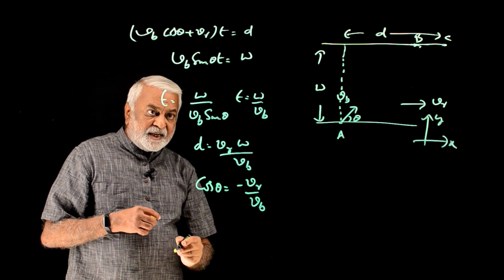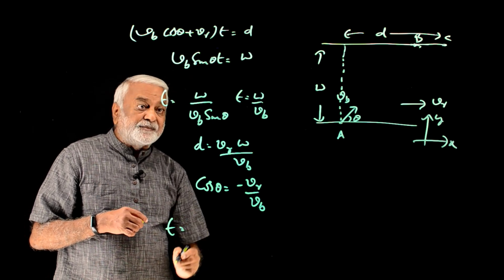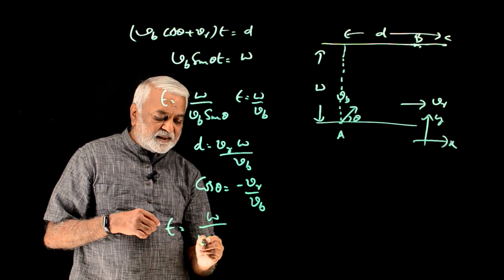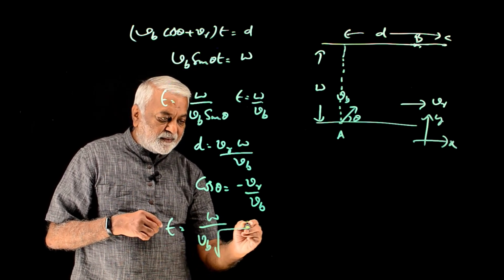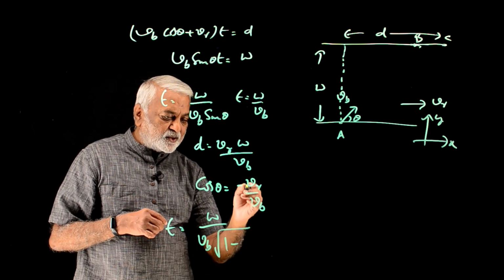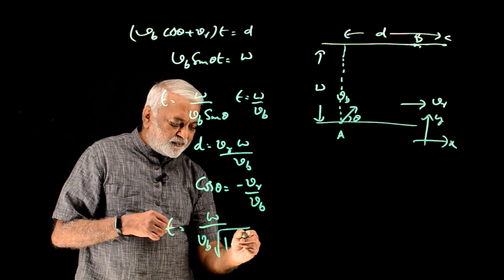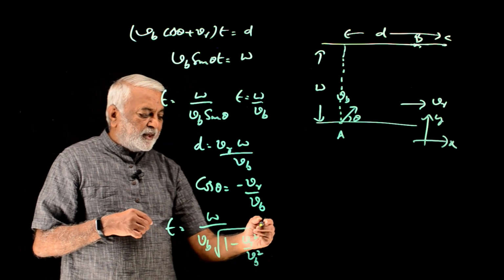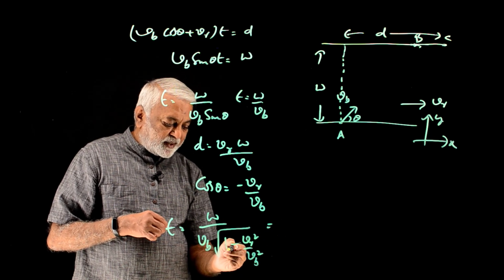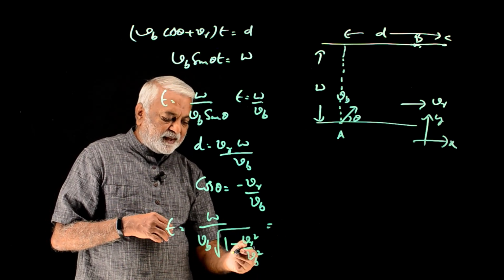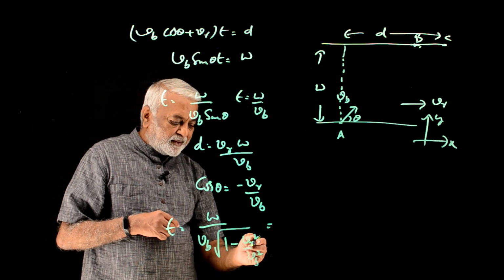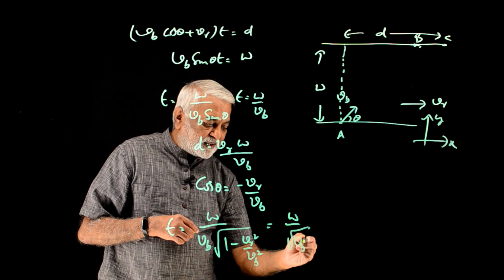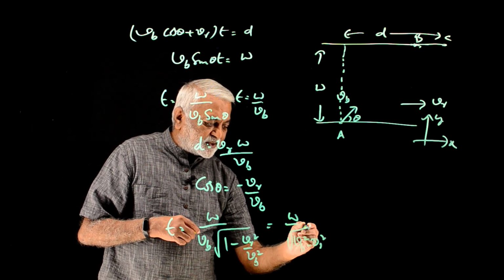Now, the time taken to cross here, t equals w by Vb sin theta, sin theta being root of 1 minus cos squared theta. Cos squared theta will be the square of this, which is Vr squared by Vb squared. And this will give us Vb squared inside, and Vb under the square root cancels out this Vb. So that will give us w by root of Vb squared minus Vr squared.